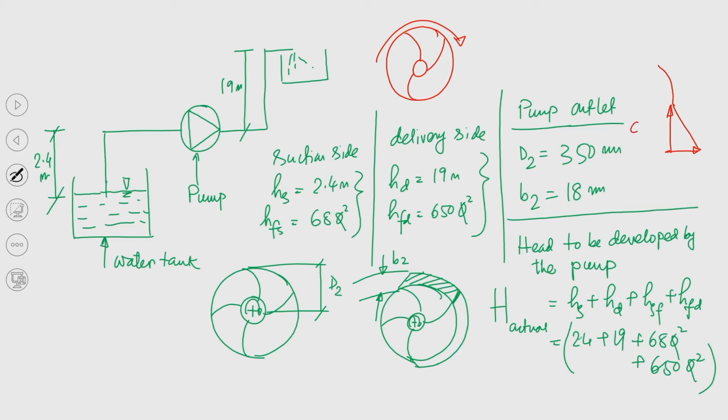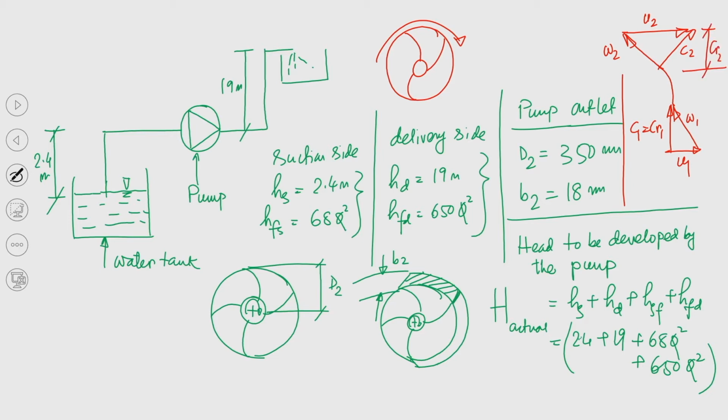So, this is C 1 equal to C R 1, this is U 1, this is W 1. We can write C 1 is equal to C R 1 because at the inlet flow is perfectly radial, no swirl component, C theta 1 equal to 0. At the outlet, this is W 2, this is U 2 and this is C 2, and this component is C R 2.